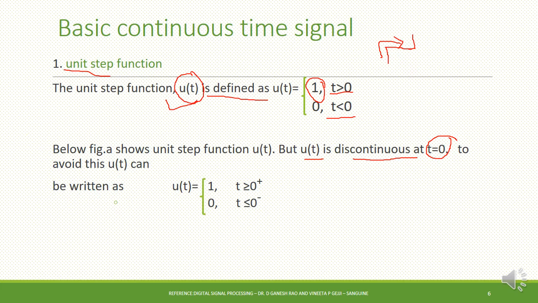To avoid this confusion, let us once again define u of t as equal to 1 when t is greater than or equal to 0 plus, and equal to 0 when t is less than or equal to 0 minus, that is, before 0 and after 0.